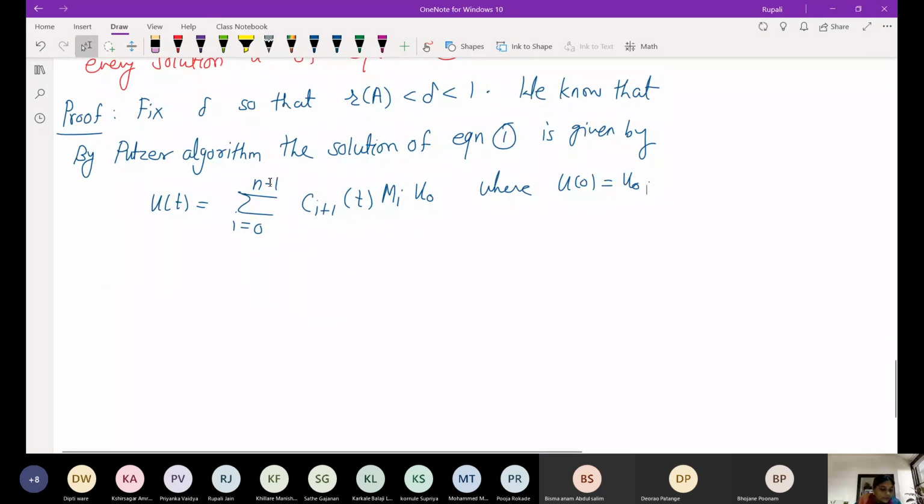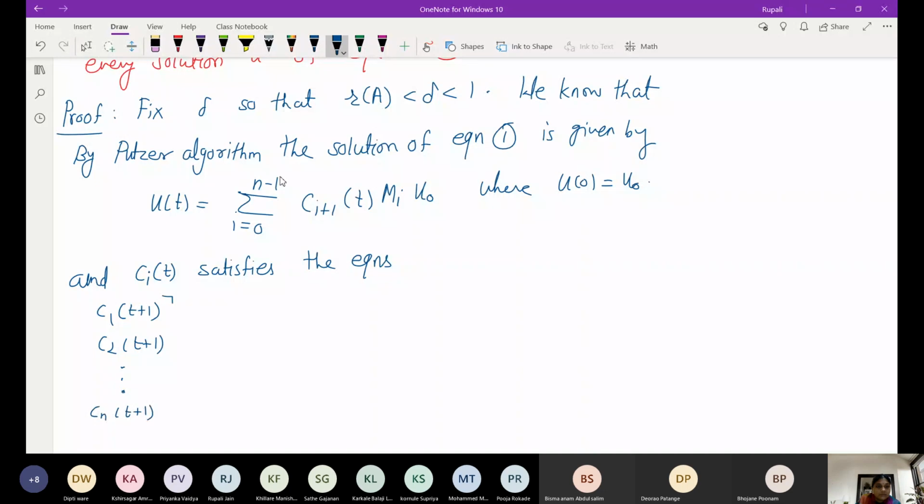And the c_i(t) satisfy the equation: c1(t+1), c2(t+1), and so on, cn(t+1) is equal to that matrix.